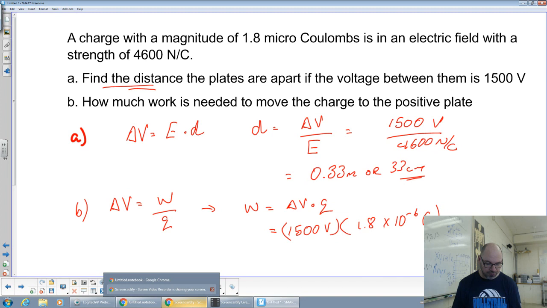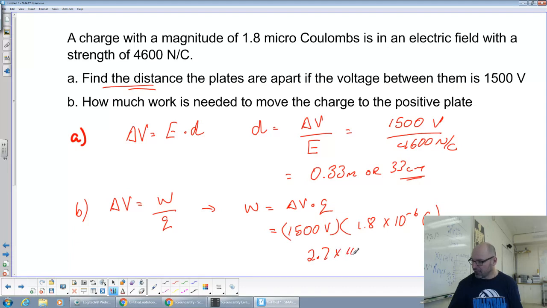You end up getting 0.0027, or if you like, 2.7 times 10 to the negative 3 joules. So that's a typical voltage type problem that we have.